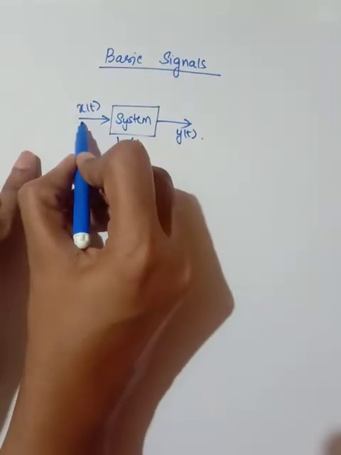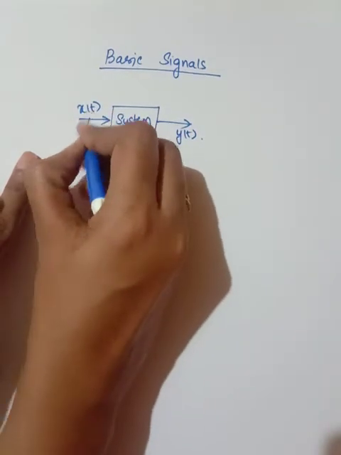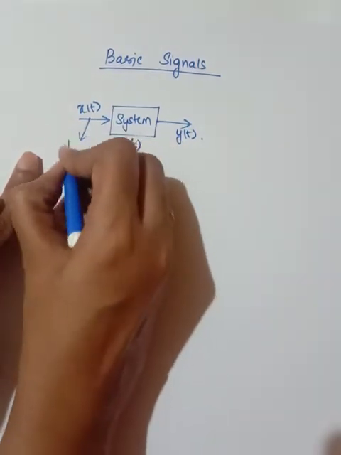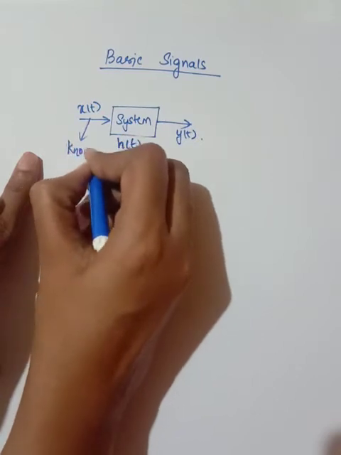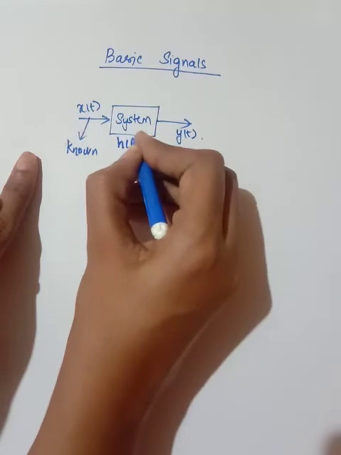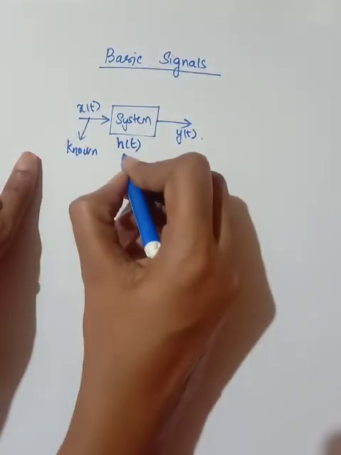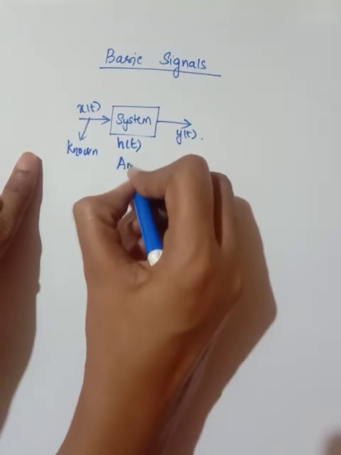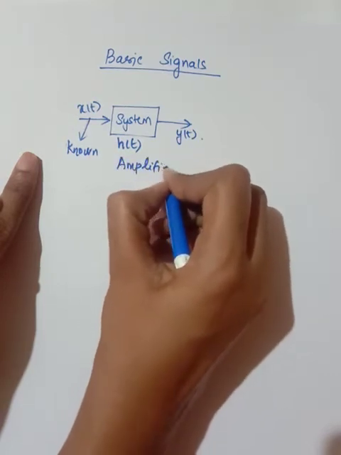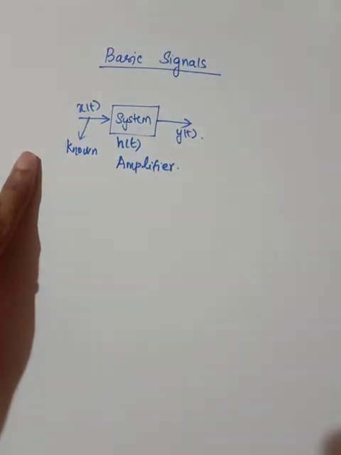You need to know the input signal. The input should be a known one. Only then can you check whether the system functionality is working correctly or not. Consider that I am going to perform an amplification operation, so the system is performing the amplification operation.